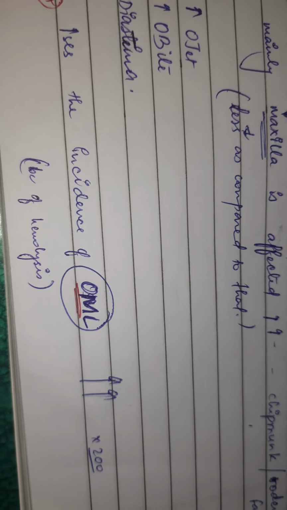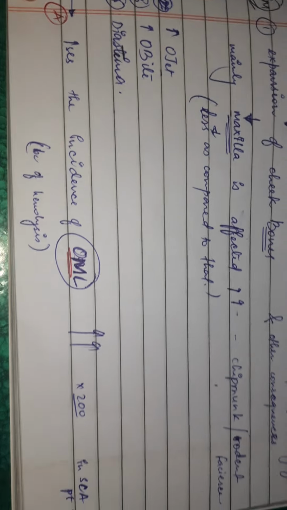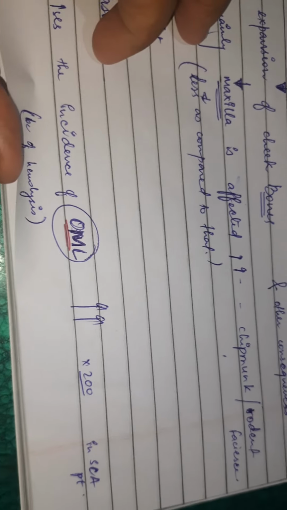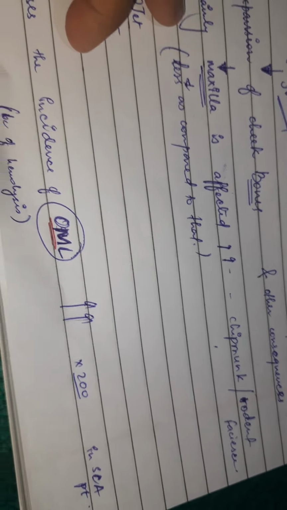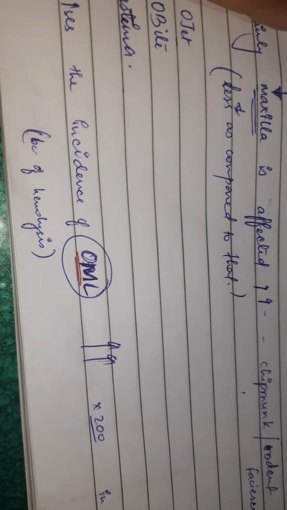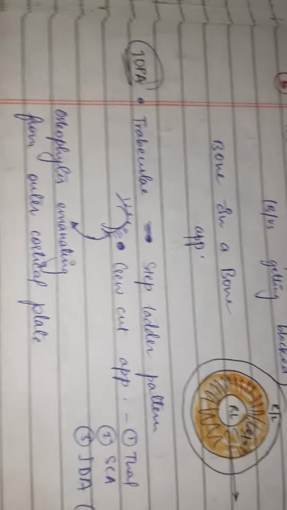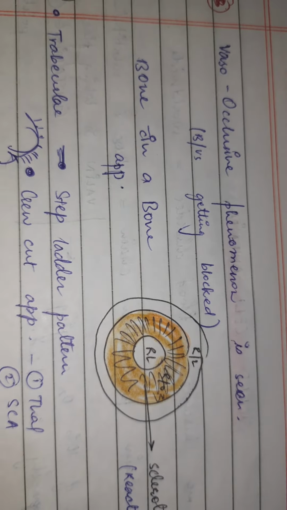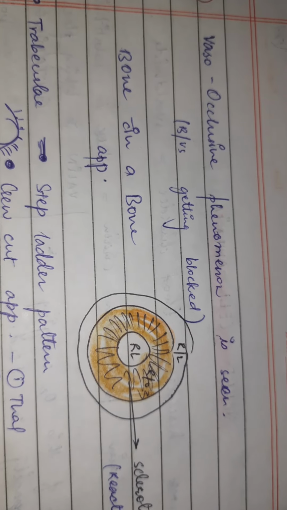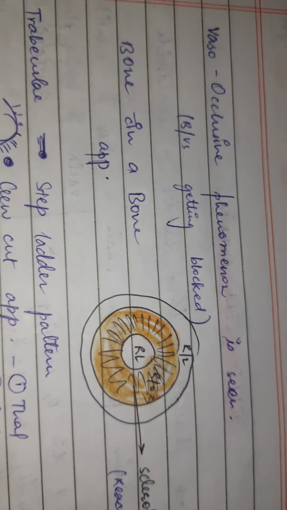Now, there is an increased incidence of osteomyelitis because of hemolysis, by 200 times in sickle cell anemia. Vaso-occlusive phenomenon is seen.